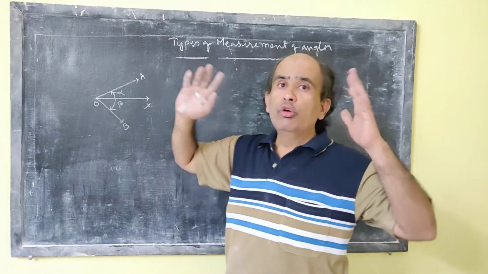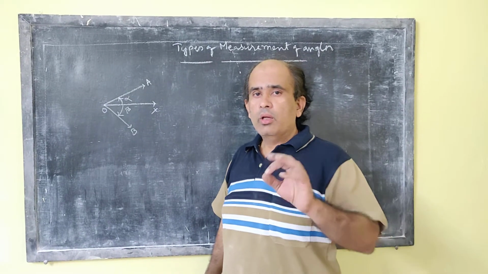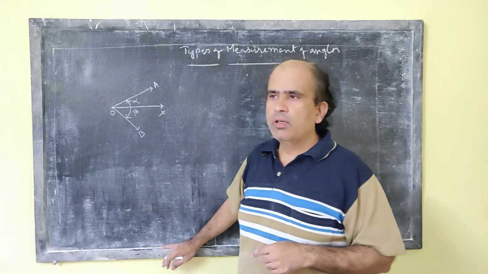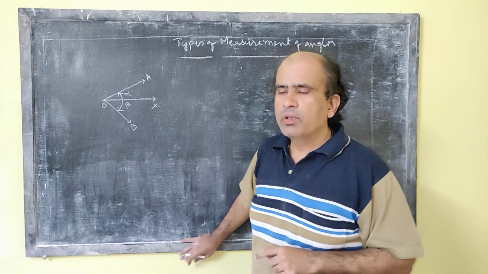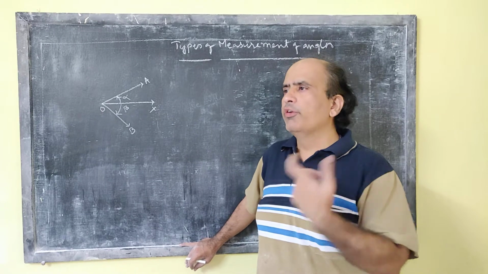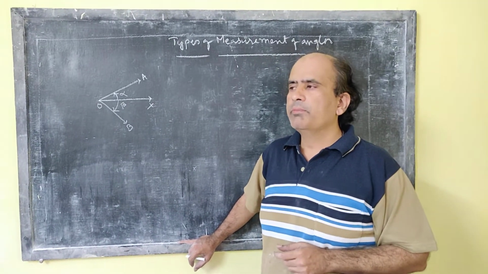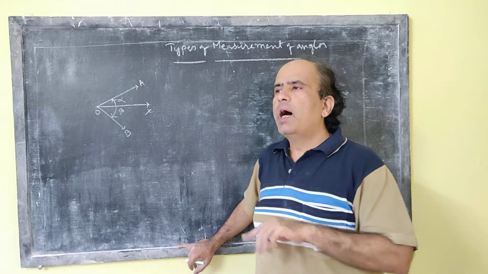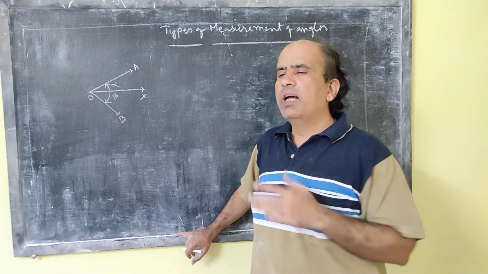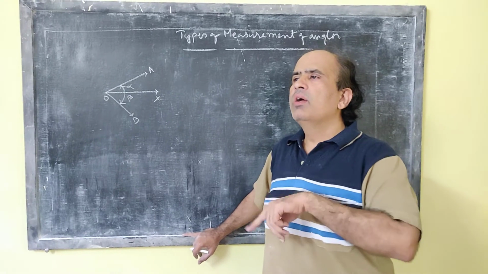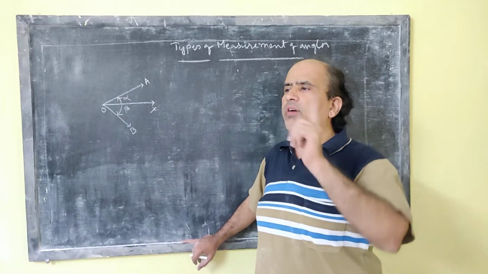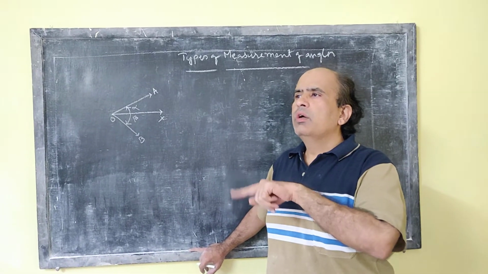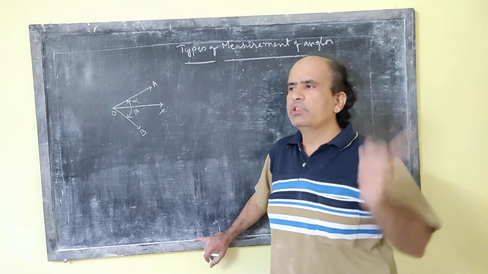Now, if you observe in your geometry box, you have a piece of plastic which is semicircular in shape, which is generally useful to measure angles. On that protractor, you have two scales, up and down, meaning it is a circular shape wherein a complete revolution makes the angle between 0 degrees to 180 degrees and 180 degrees to 360 degrees.